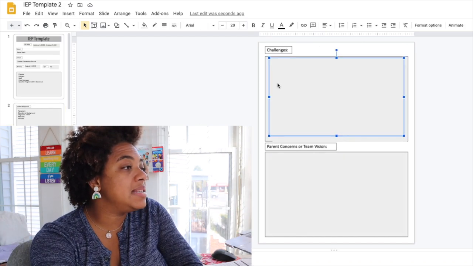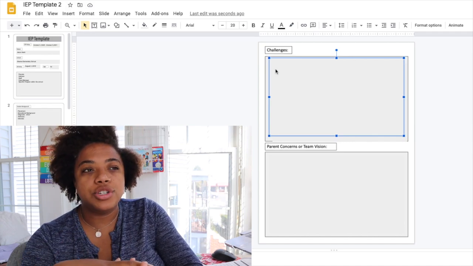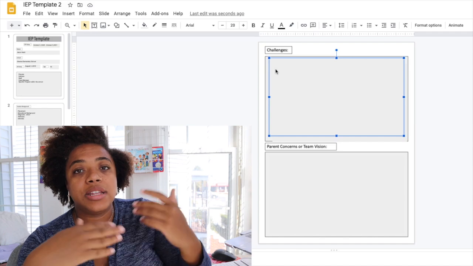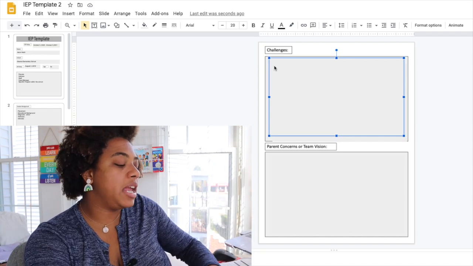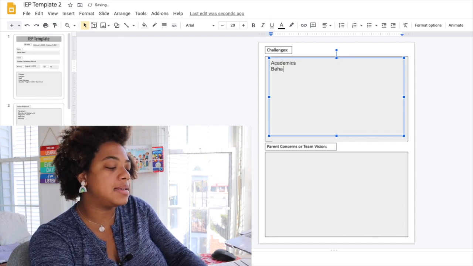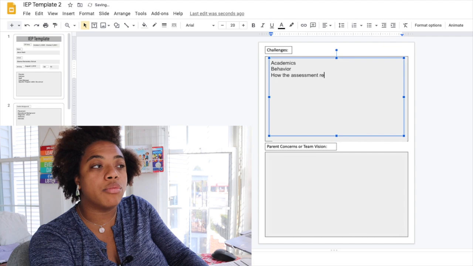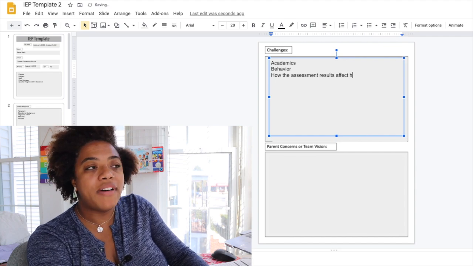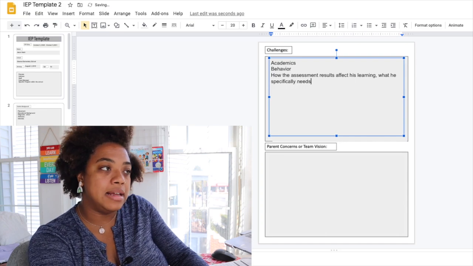The next piece that we have, in almost every IEP that I looked at, there was an area for challenges. Sometimes it's embedded into their current performance. Sometimes it's embedded into their background. In here, I would usually write the challenges around academics or behavior, or specifically how the assessment results affect his learning or what he specifically needs.